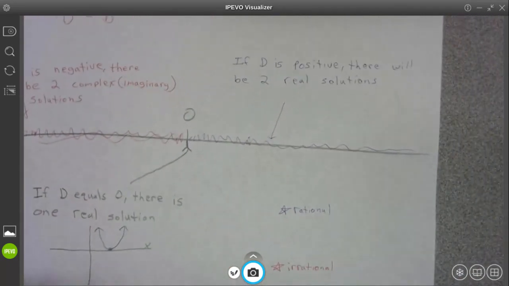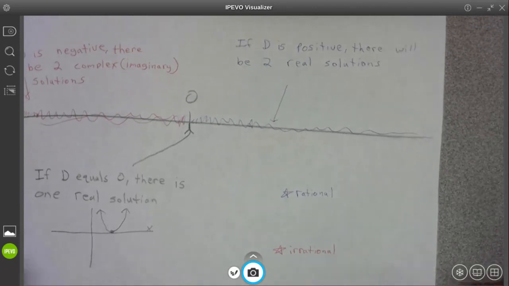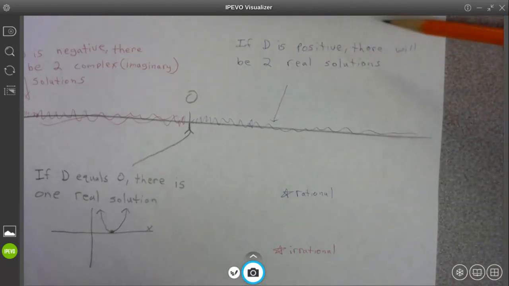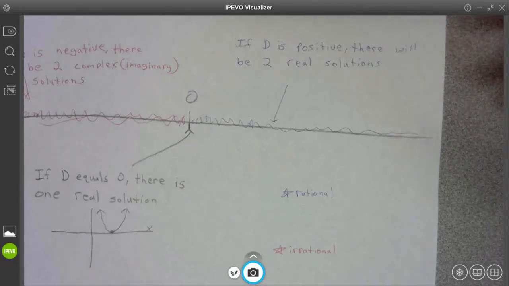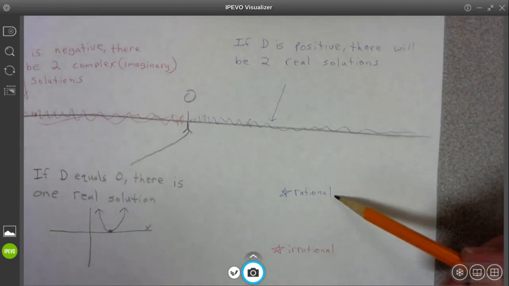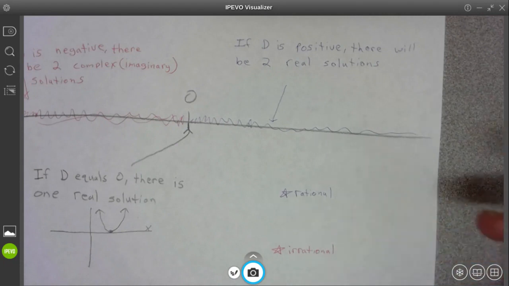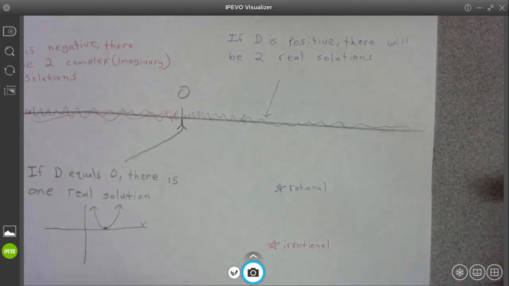So now I want to mention real quick, you can cut the video off here if you want to, but when the discriminant is positive, there are 2 real solutions, but there's 2 possibilities here. Those real solutions, they could either be rational or they could be irrational. Those are the only 2 possible cases.